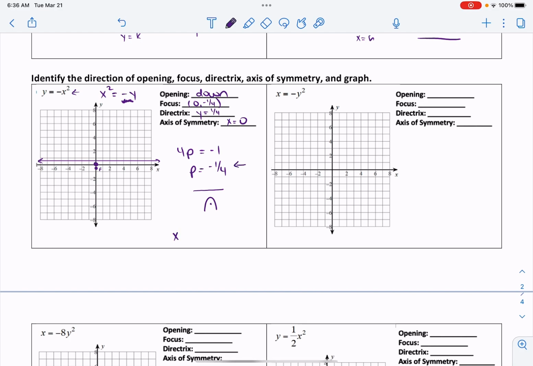So you're going to do x squared equals negative, and you're going to put your y value, that p value for y, you're going to substitute in there. So you're going to put negative 1/4. So x squared is equal to 1/4, and x is equal to plus or minus 1/2 when you take the square root.